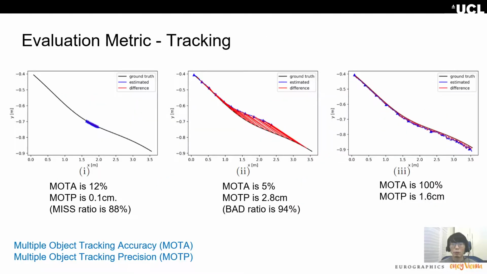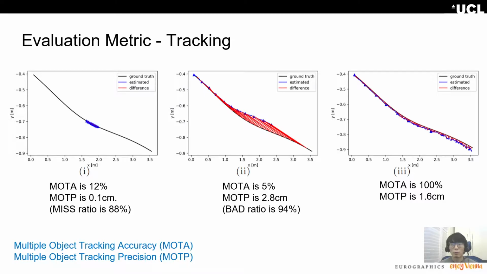To evaluate tracking, we import metrics from standard visual object tracking, and we enforce one-to-one mapping because we don't want the tracker to switch target. The NOTM metric here defines the overall tracking quality. NOTP is similar to ATN RMSE to estimate the absolute error.